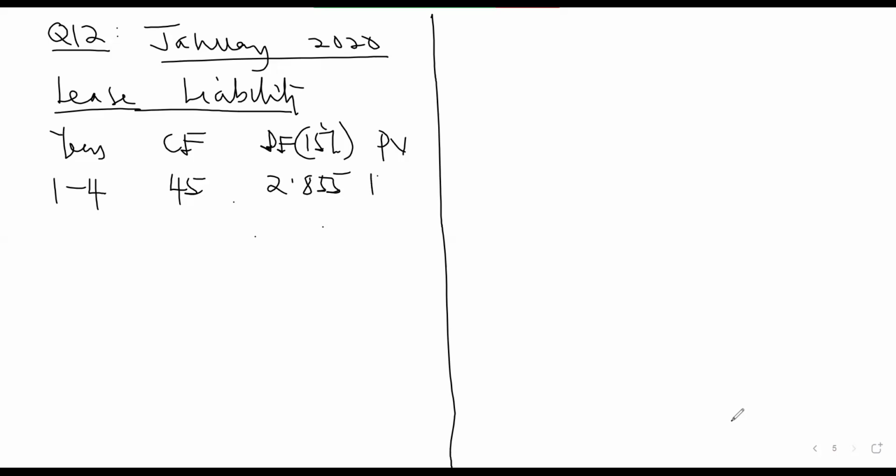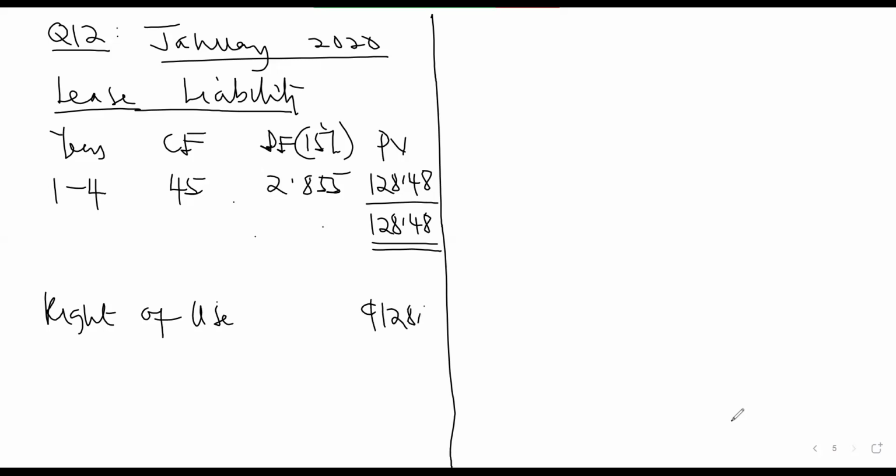Okay, 128.48. That is the lease liability. What would be the right of use also? The right of use will also be 128.48. There is no direct cost on this particular transaction.